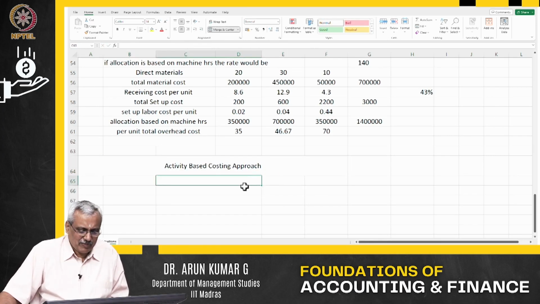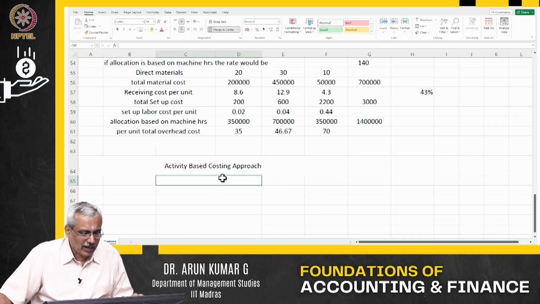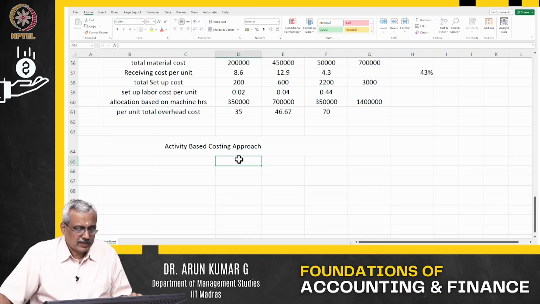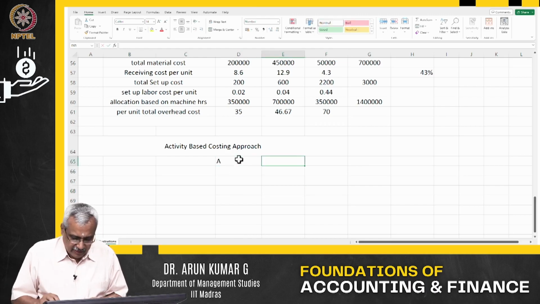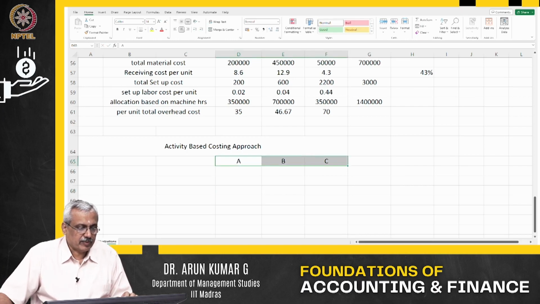Let us look at the same three products A, B, C. I am just going to center the ABC heading here for the purpose.